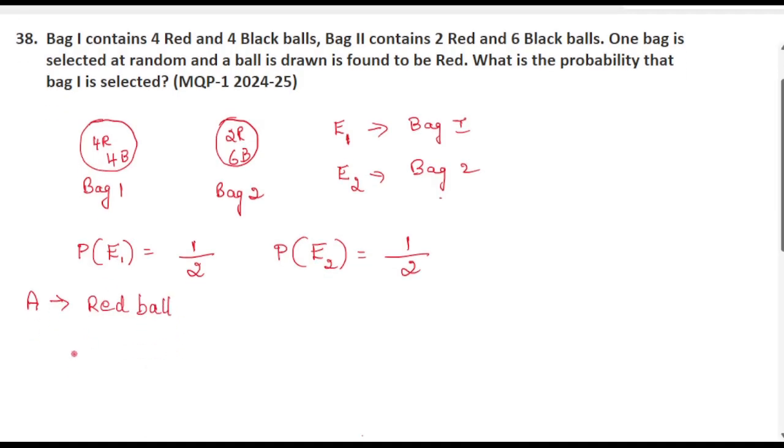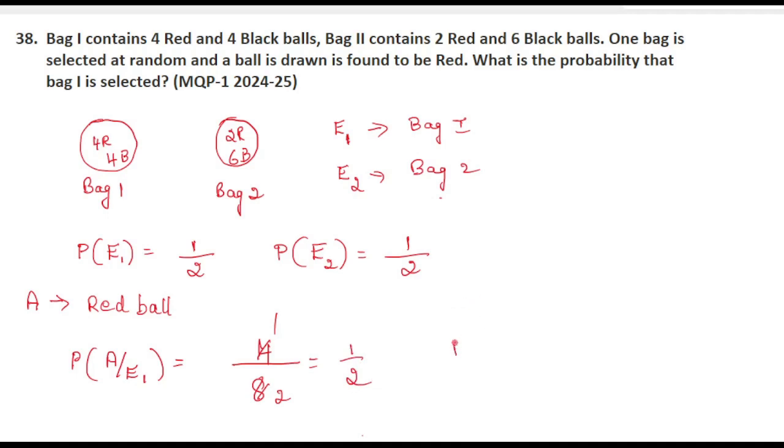Now probability that a red ball is drawn from bag E1 equal to the total number of balls present in bag 1 is 8 and the number of red balls is 4. So 4 by 8. That is 4 ones are 4, 4 twos are 8. Probability that a red ball is drawn from bag E1 is 1 by 2.